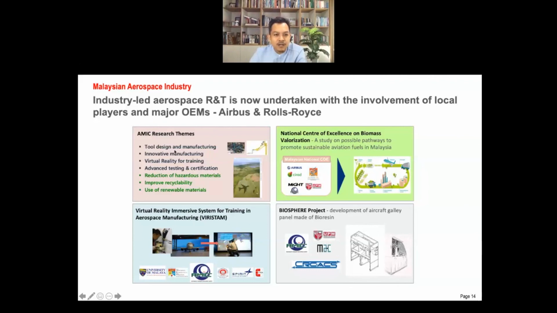So these are, among others, earlier research teams under AMIC: tool design, innovative manufacturing, virtual reality, and some of the activities are still ongoing.